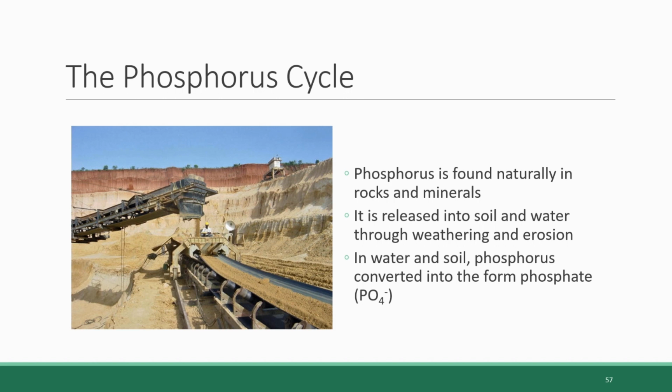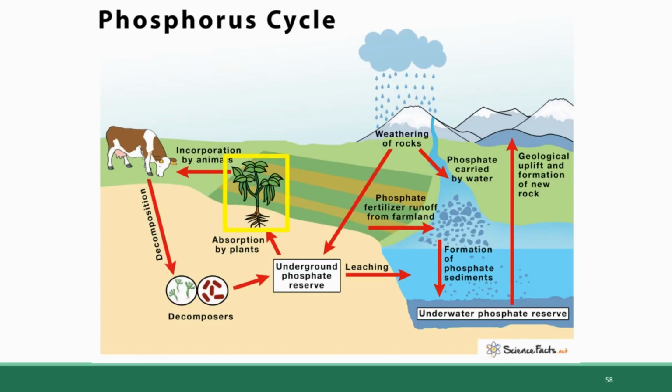But the phosphate that is naturally generated through the erosion and weathering of rocks gets absorbed by plants and incorporated into biological molecules. And then, as with the sulfur cycle, nitrogen cycle, carbon cycle, animals acquire their phosphate by eating plants.